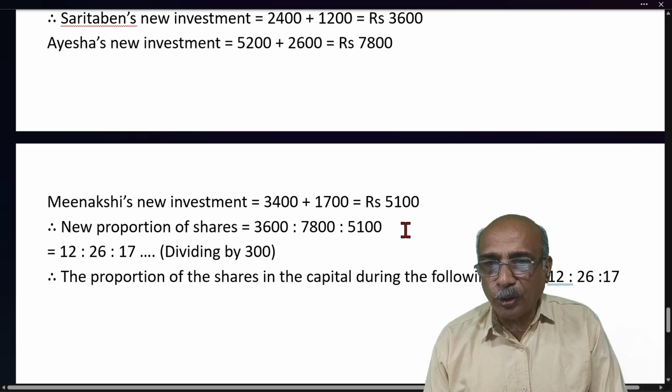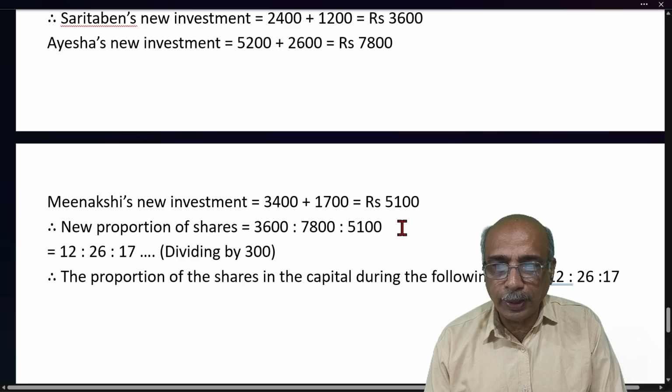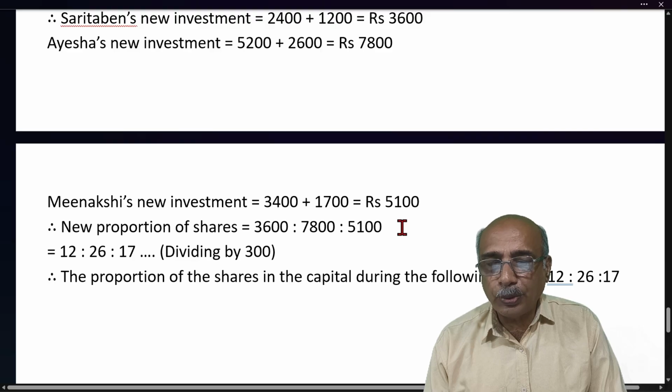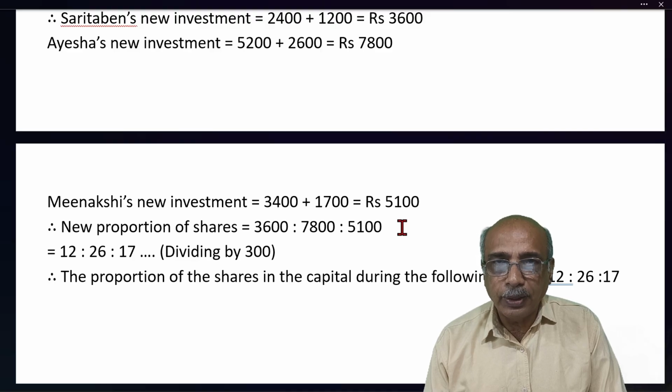Therefore, new proportion of shares equals 3,600 is to 7,800 is to 5,100. Dividing these terms by 300 each, we get 12 is to 26 is to 17. Therefore, the proportion of the shares in the capital during the following year is 12 is to 26 is to 17.